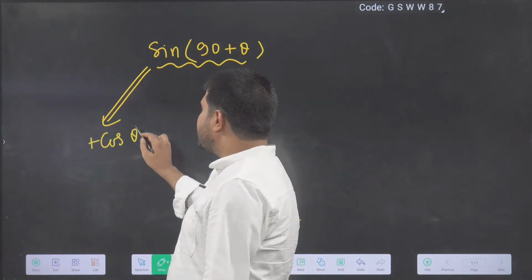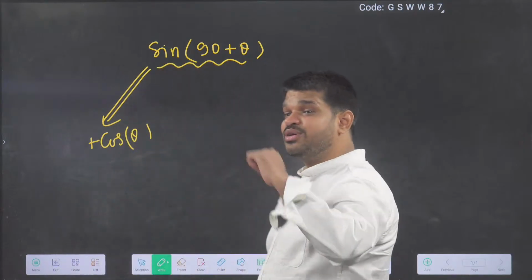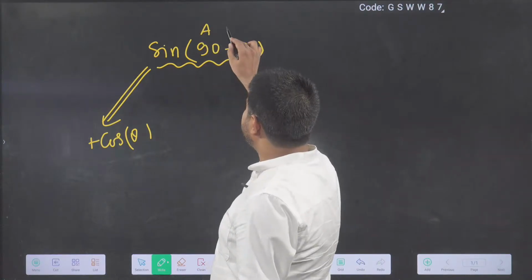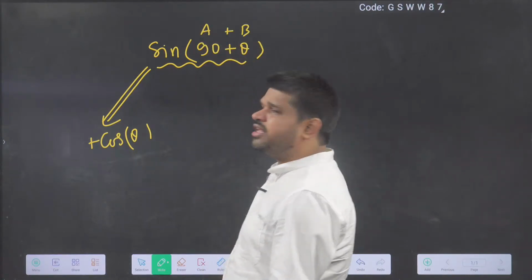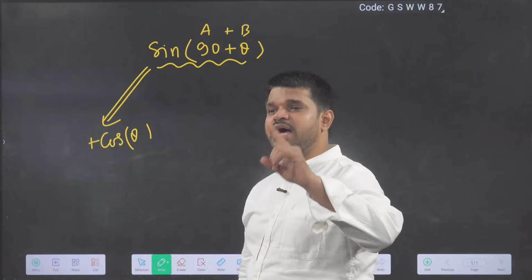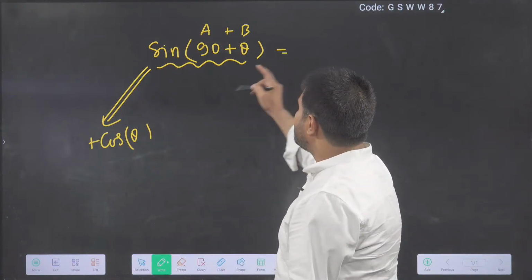Now today I will tell you what the logic of it is. Let's say A is 90 and B is theta, and I am going to apply the formula of sine A plus B. What is the formula?